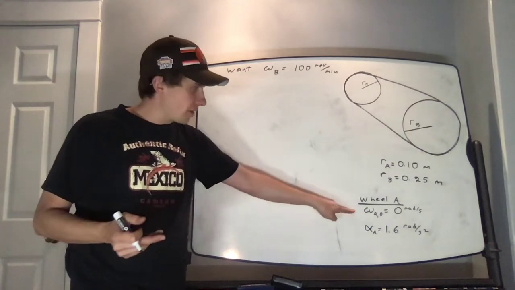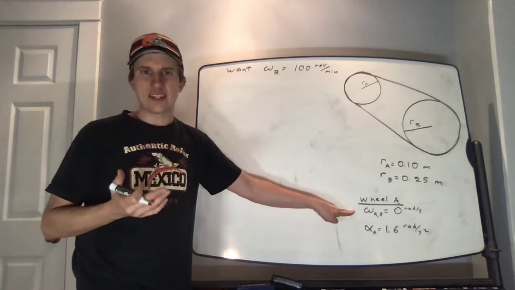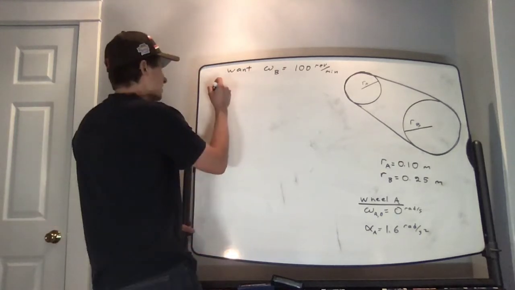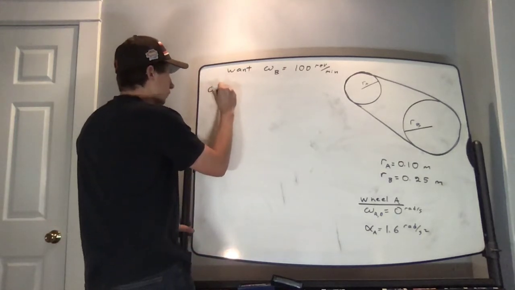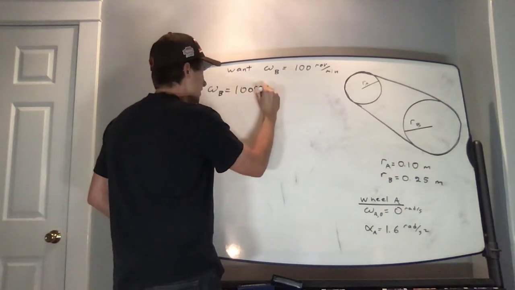Well, because wheel A's angular velocity is written in radians per second here, let's convert this to radians per second as well. So I could say the final angular velocity of wheel B is 100 revolutions per minute.